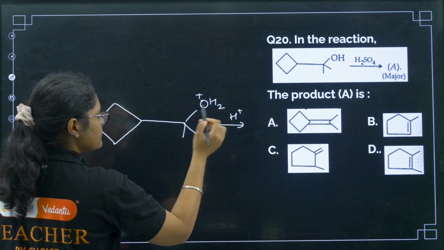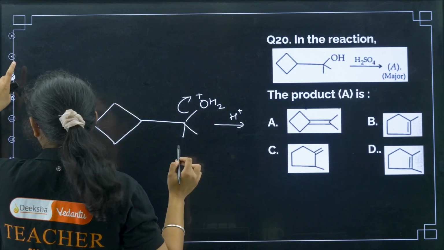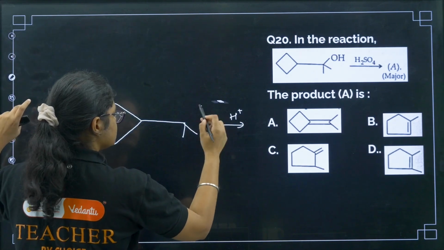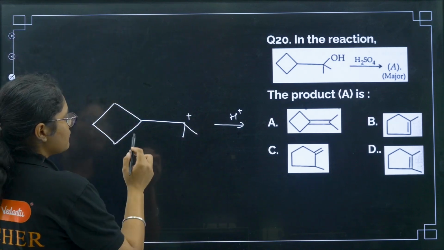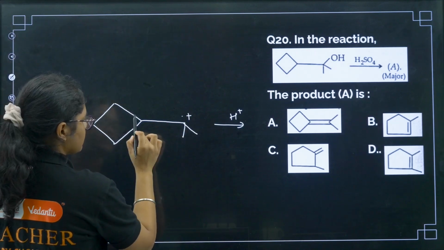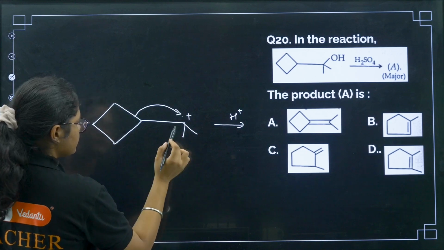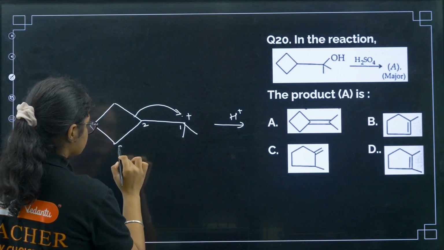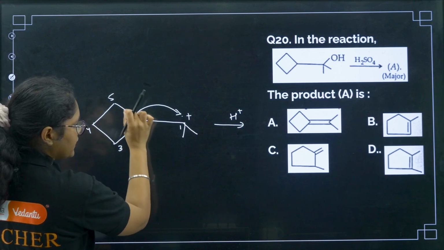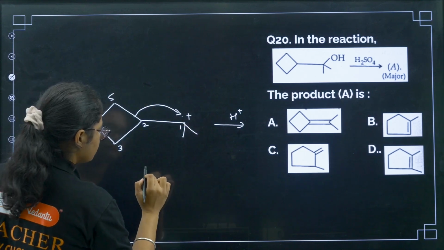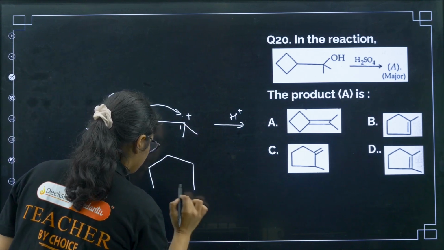After that, water leaves out and we get a cation here. Then this bond shifts. Now you see, this is 1, 2, 3, 4 and 5. This bond from 5-2 goes and attaches to 5-1, so I will get a 5-membered ring.